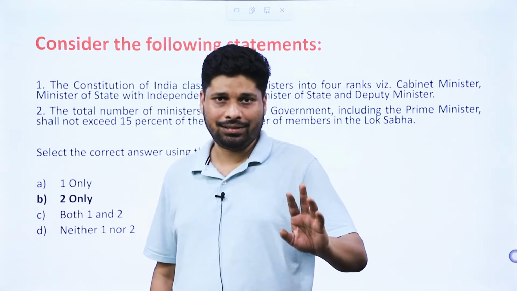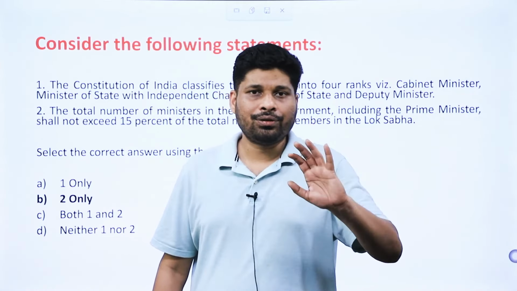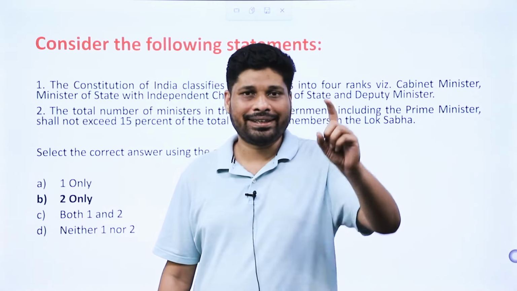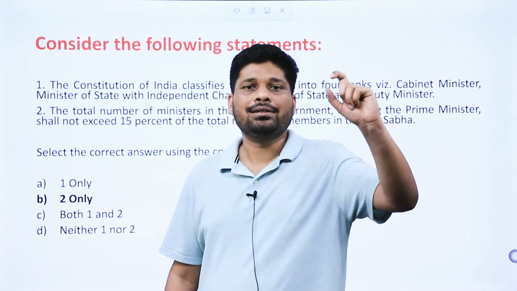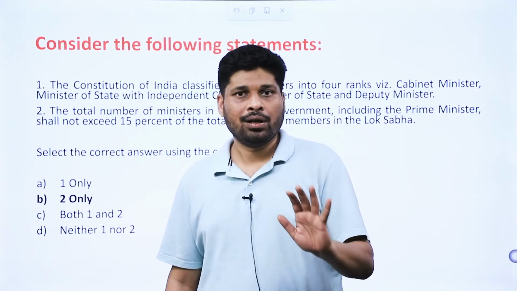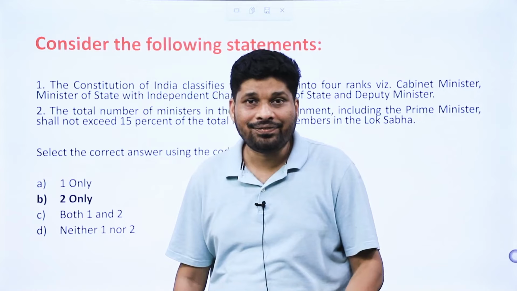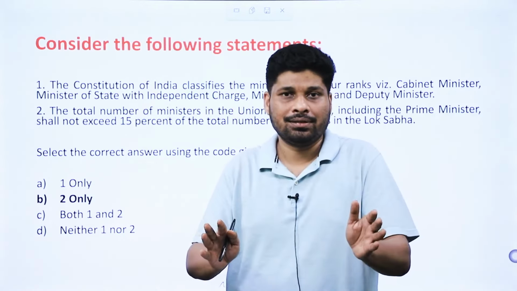The Constitution only has 2 terms: Union Council of Ministers and Cabinet. The term cabinet is only used in Article 352, which relates to national emergency. The Constitution itself does not talk about so many divisions of ministers.